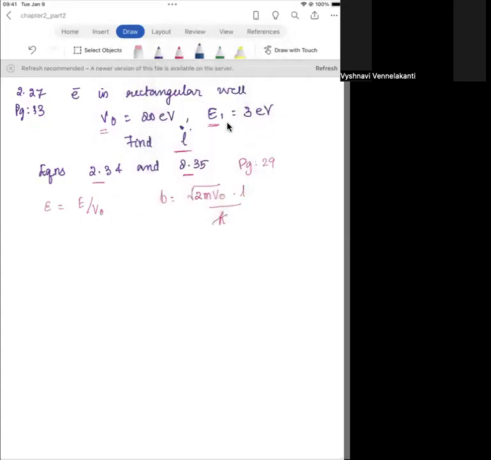So in order to find the width of the well, we need to find out what B is, right? Now, if you take a look at equation 2.35, that actually gives the relation between epsilon and B. And that relation is this.